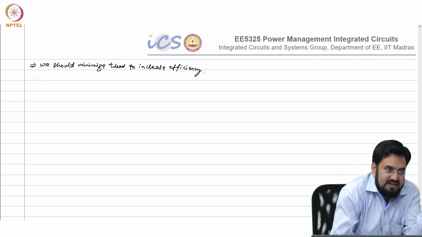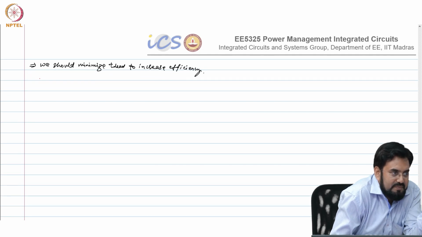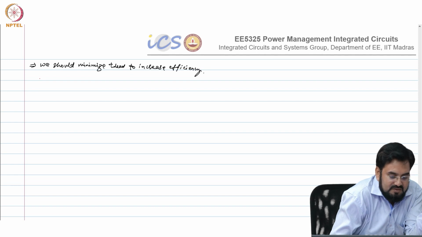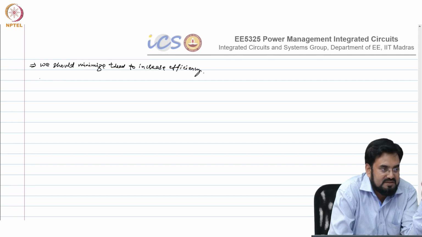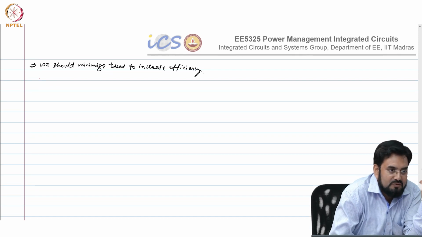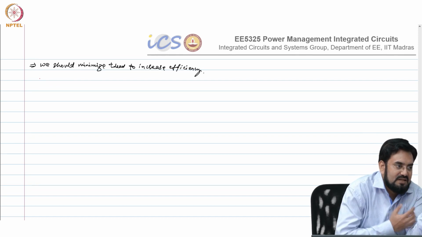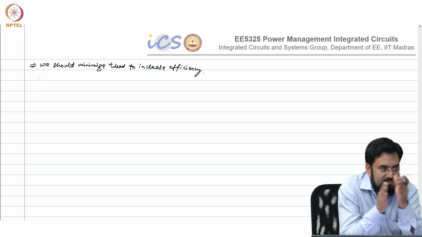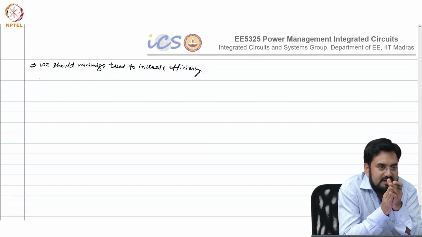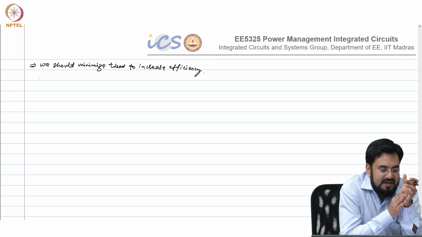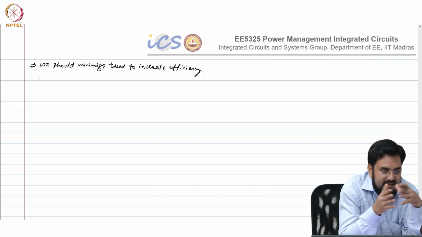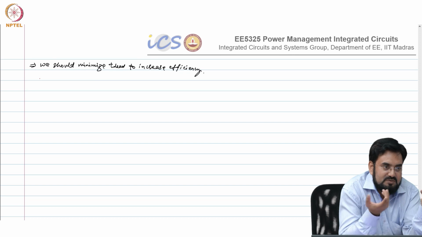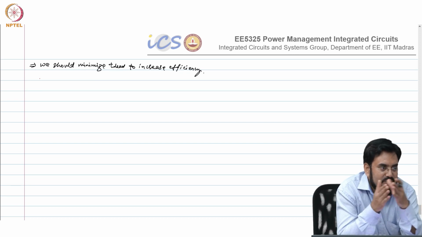So ideally we should try to keep it as low as possible, but we cannot keep it 0, obviously. Because we should not allow the two FETs to conduct simultaneously. So we have to have some dead time, but we have to minimize it. And since this dead time may vary across your process, voltage and temperature, we always look at the worst case.